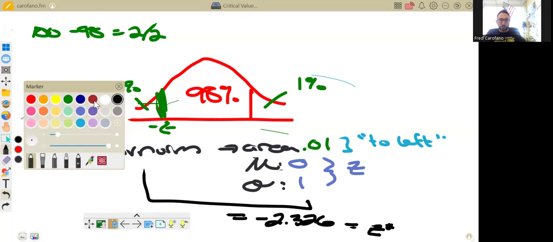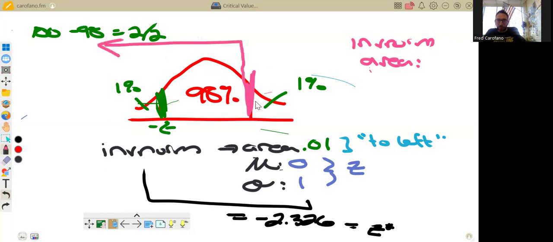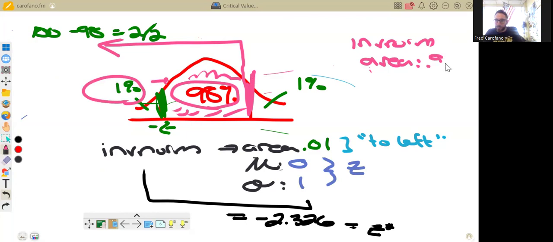If I wanted to, I could instead focus on the right side. So if I look at this pink spot right here, for this one, if we go to inverse norm, area, we want to think what is the area to the left of this pink line. And to the left of this pink would be 99%, because we've got the 98% that was in the middle for the confidence level, plus we have this green one over here. So that gives us an area of 0.99. Mu and sigma still 0 and 1 for z-scores.